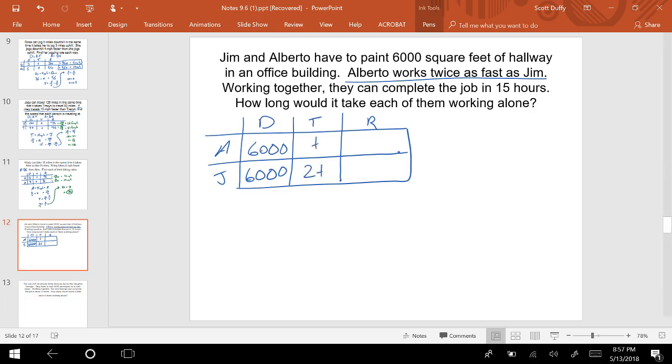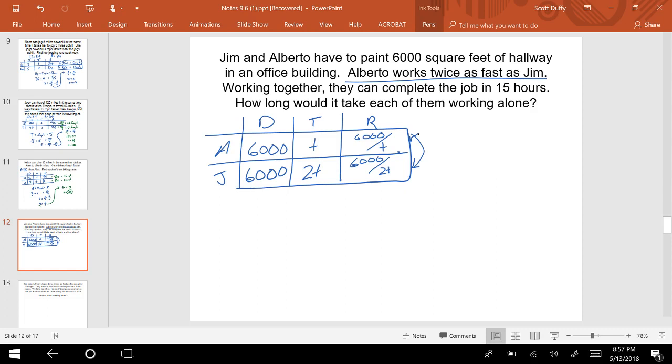If we give Alberto time t, Jim would be twice that because he works twice as slow, or Alberto works twice as fast. So each of their rates, in the case of Alberto, it would be 6,000 divided by t, that time if he was all by himself, and then Jim, it would be 6,000 divided by 2t if he was all by himself. But they're working together. So what we're going to do is put these rates together, and we know that they have to do it in 15 hours.